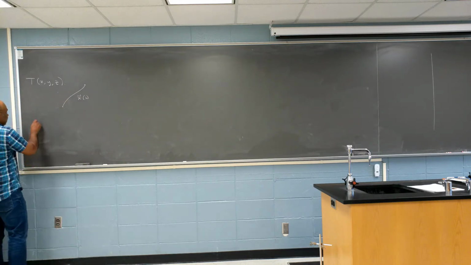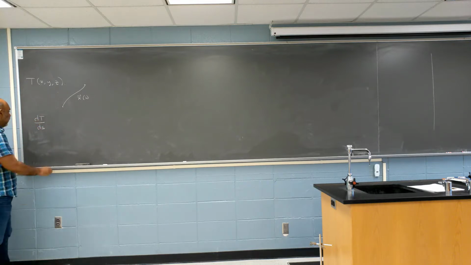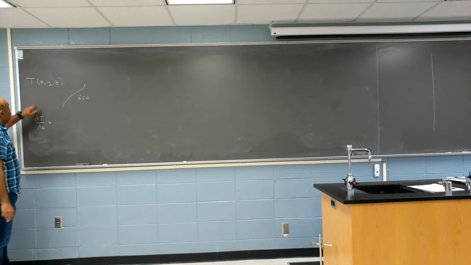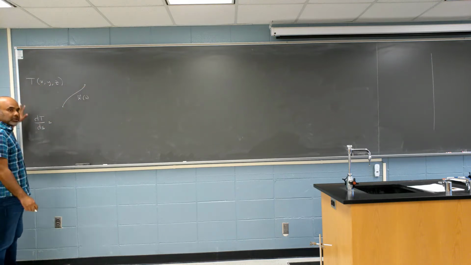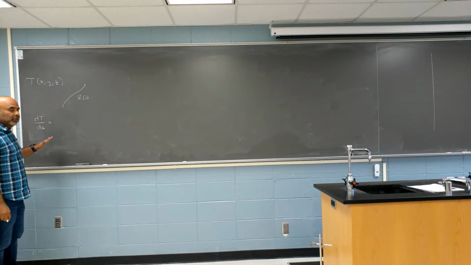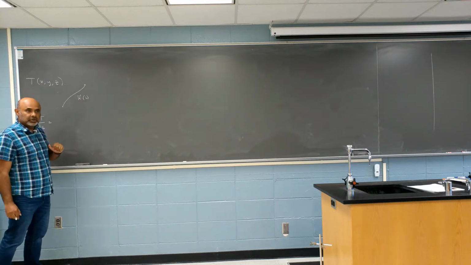Okay? And then the rate of change of T as a function of s. Now, it's tricky because T is really a function of x, y, and z. T is defined in all space. But we're only looking at how T changes along this curve.